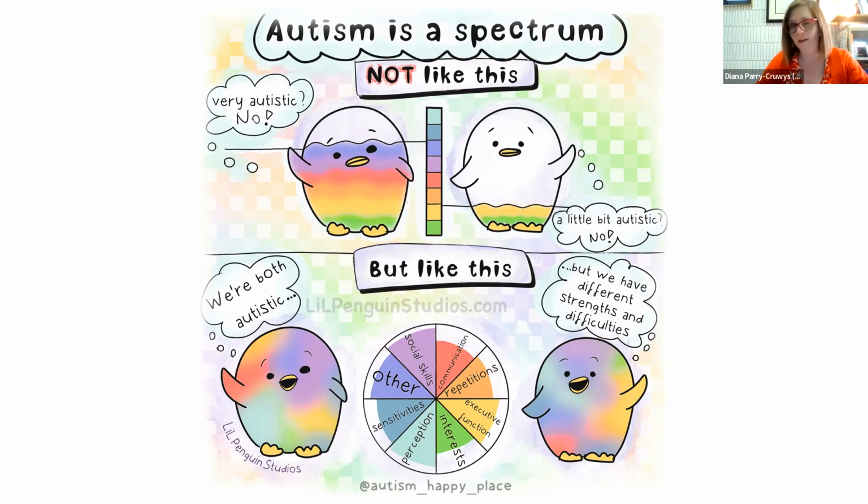And the graphic here is suggesting everybody is different and we all look different in our makeup of things that are strengths for us or challenges for us, but it's not a linear spectrum arrangement. Rather, you've got to get to know every single person to find out what is easy for them, hard for them, an area of strength for them, etc.